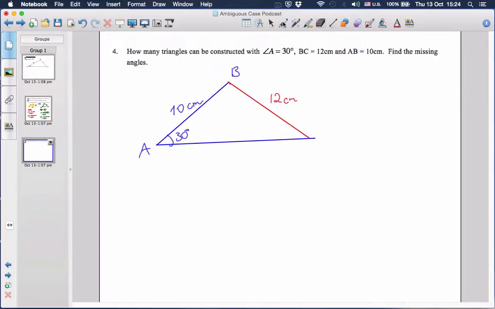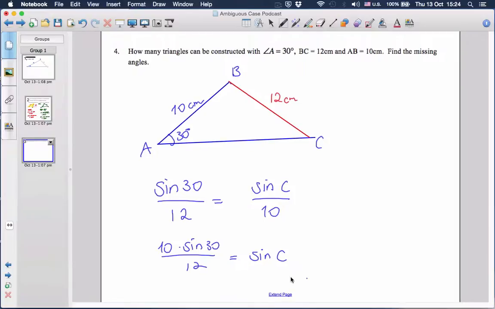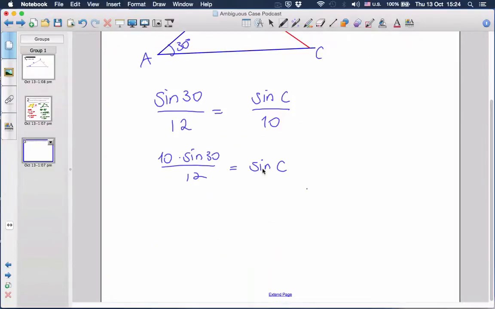And so let's find the angle. Sine of 30 over 12 is equal to sine of C over 10, and I won't skip my steps, so multiply both sides by 10. 10 times sine of 30 over 12 is equal to sine of C, and then you want to solve for C, so C is equal to arcsine of 10 sine of 30 over 12.